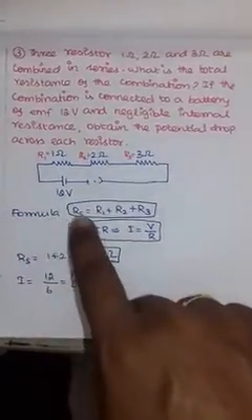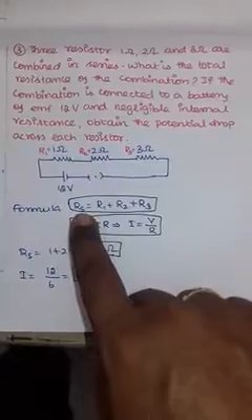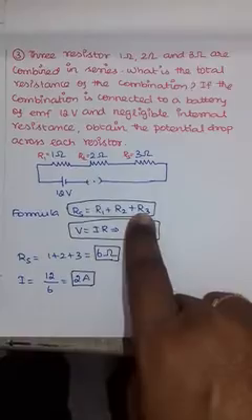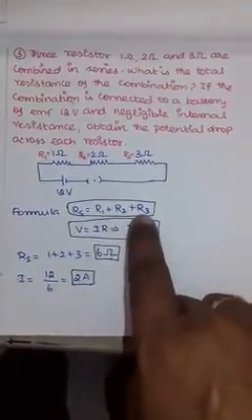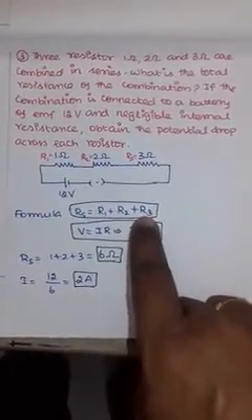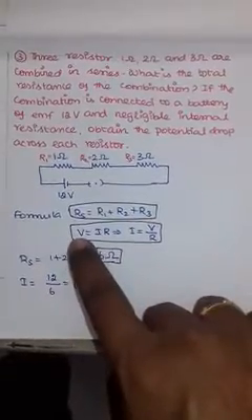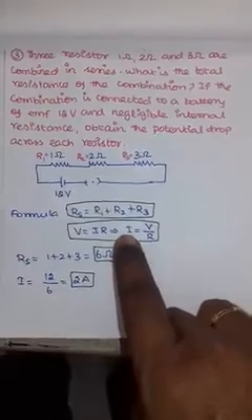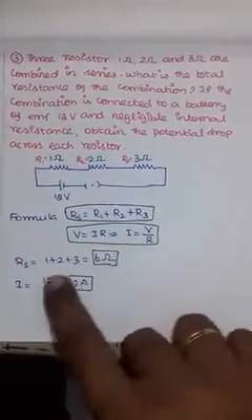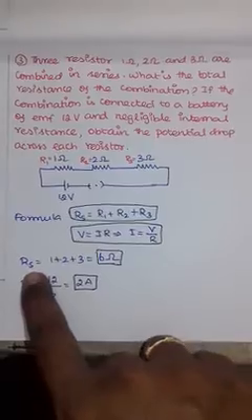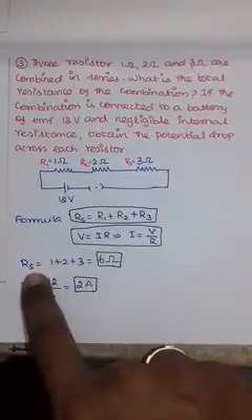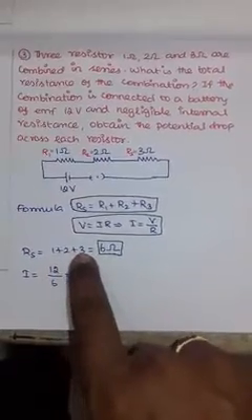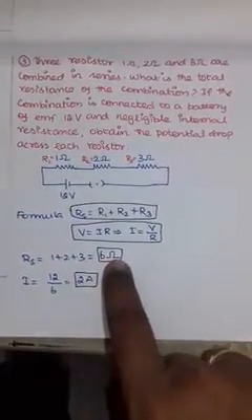We know the formula for series connection: R suffix S is equal to R1 plus R2 plus R3. Since they have given 3 resistors, I have chosen R1 plus R2 plus R3. And according to Ohm's law, V is equal to IR. From that, I can modify it: I is equal to V by R. So, first I calculate the total resistance in series: R1 is 1 ohm, R2 is 2 ohm, R3 is 3 ohm, the total is 6 ohm.